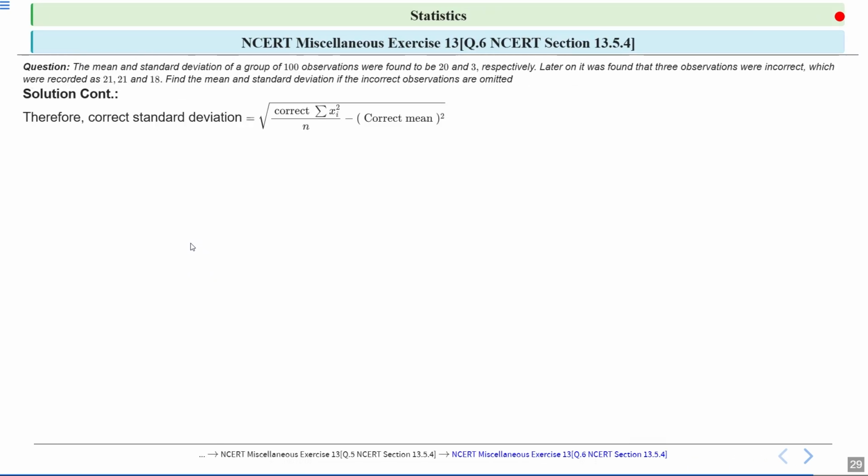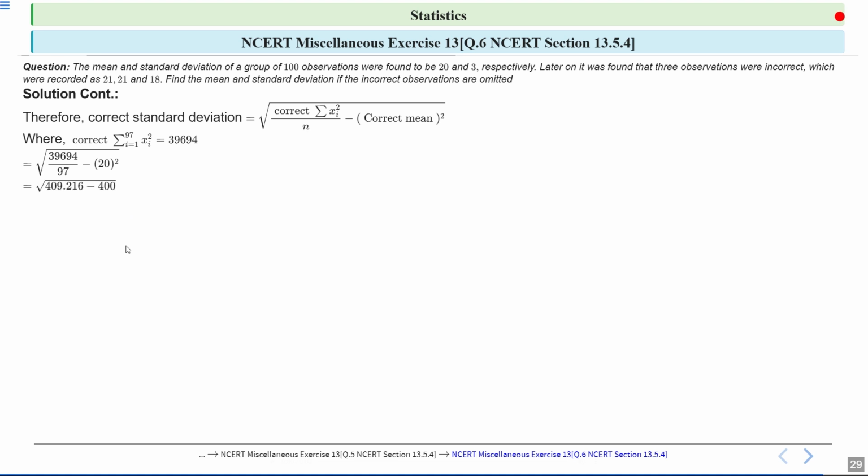Therefore, the correct standard deviation is the square root of the correct summation of xi squared divided by n, minus the correct mean whole squared, where the correct sum from i equals 1 to 97 of xi squared is 39,694. So it is equal to the square root of 39,694 divided by 97 minus 20 squared.